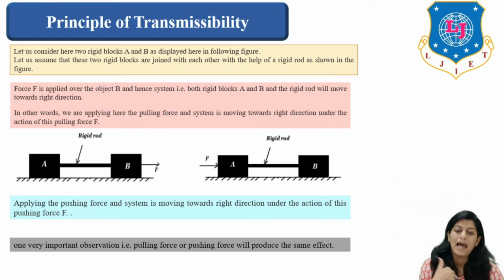In other words, we are applying a pulling force here. It is not a pushing force but a pulling force, and the system is moving towards the right direction under the action of this pulling force.